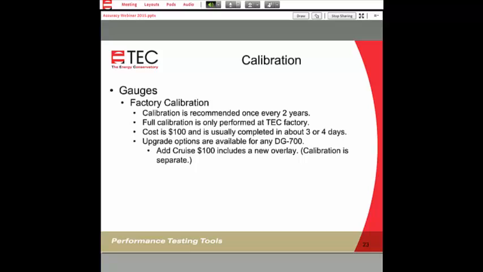So you'll see the data on the as found, assuming that the gauge still works, and then the second sheet is as left, meaning we've done everything, it's ready to go, and you'll see both of those sheets with each gauge.